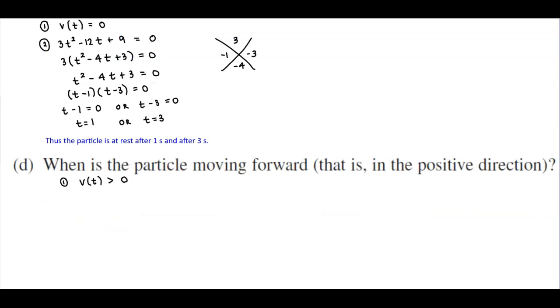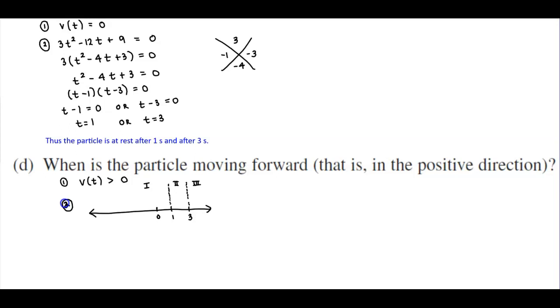If we take a look at what we found in part C, those gave us the critical points. Using a number line, we know that here is 0, we have a value of 1 here, and then we have a value of 3. And so then we have these regions: here's 1, here's 2, and then here's 3.